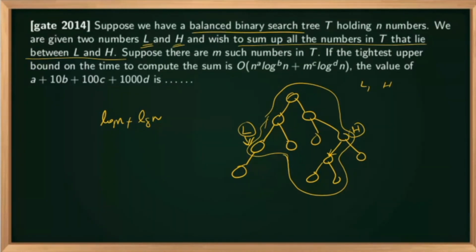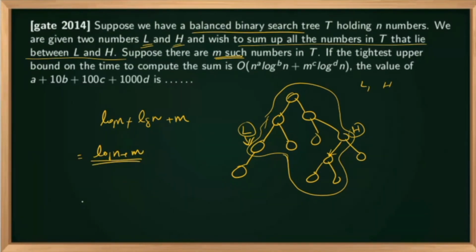I have to add all these things. How much time is it going to take to add all these things? It depends on how many nodes are there. So it is given that we have m such nodes, okay. So you can add all these things in m time. So it will be log n plus m. Okay, so this is the time complexity of this algorithm.